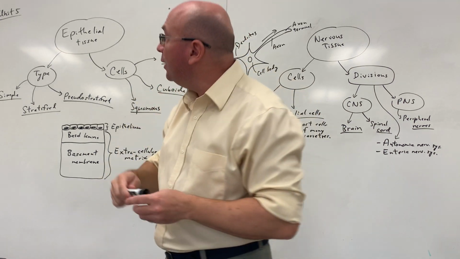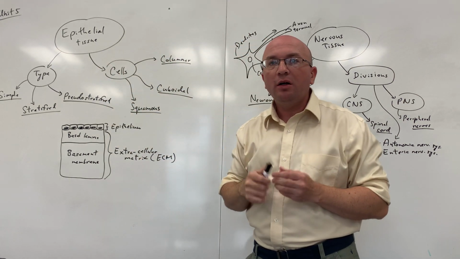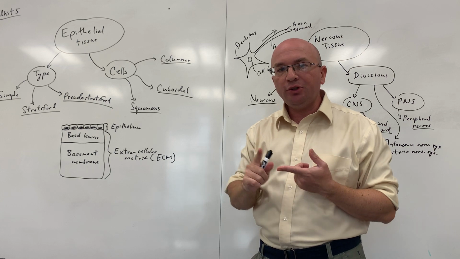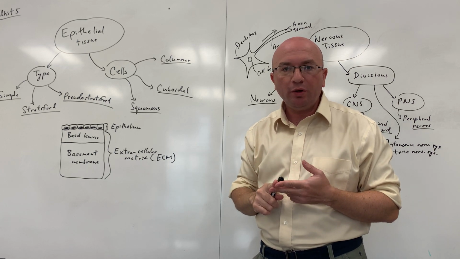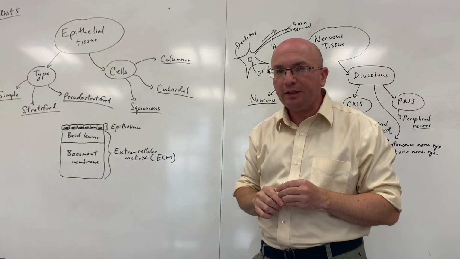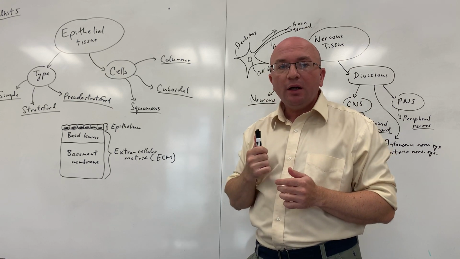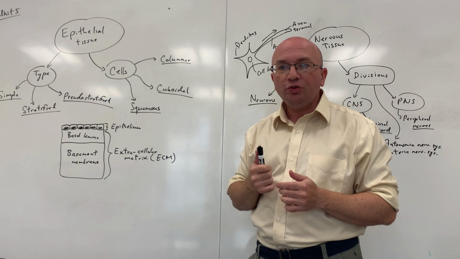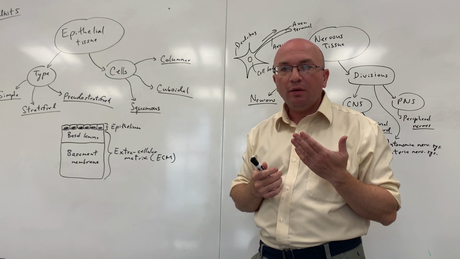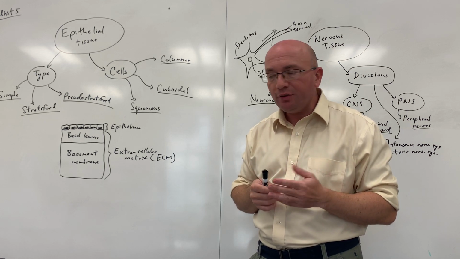So essentially, epithelial tissues are coverings and linings of organs. They're used for absorption, to protect the organ, and for communication with other cells. Primarily, epithelial tissues will be one of the most commonly encountered cells you'll see under a microscope.